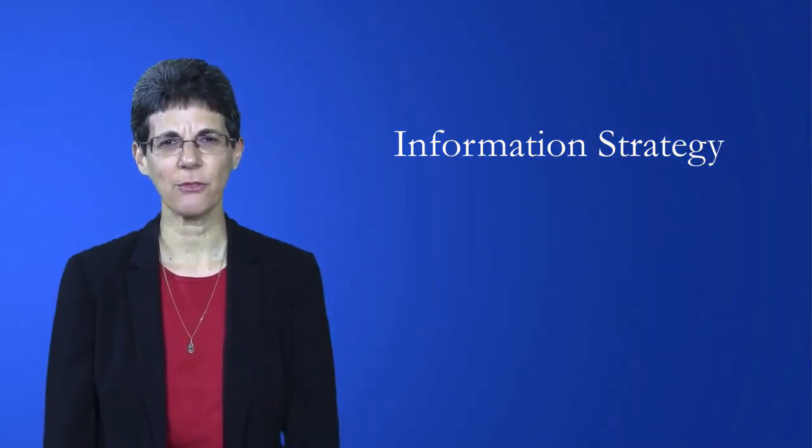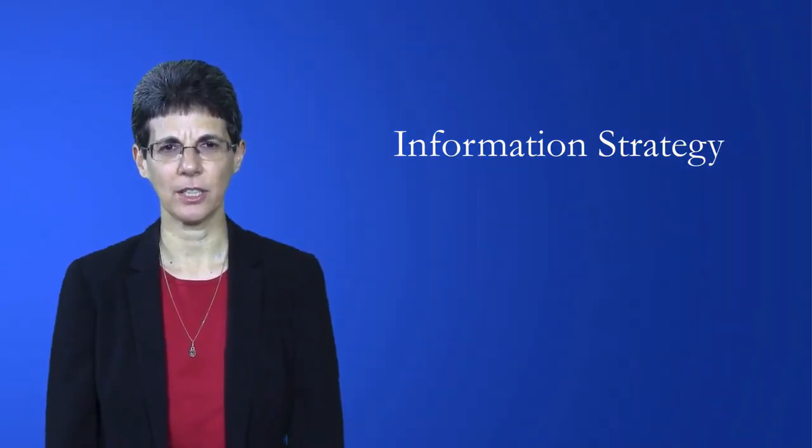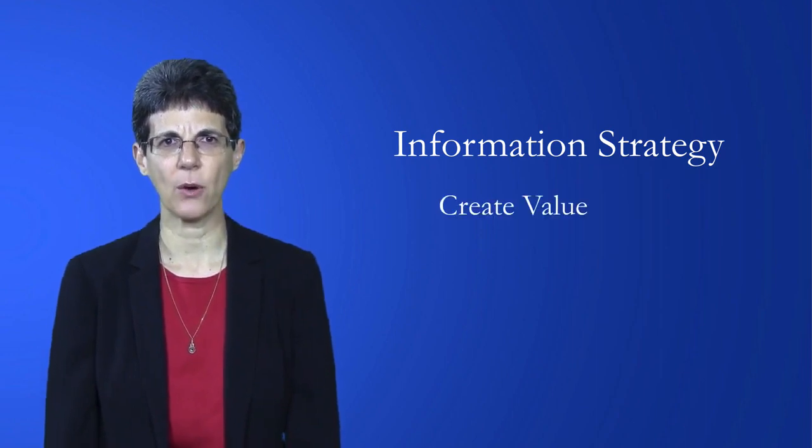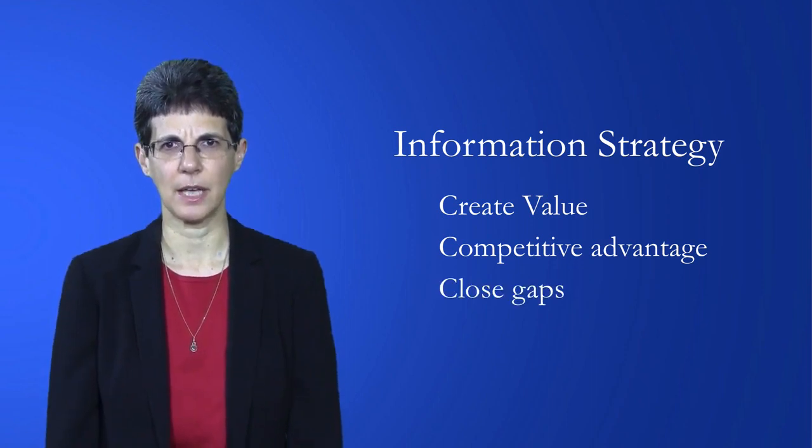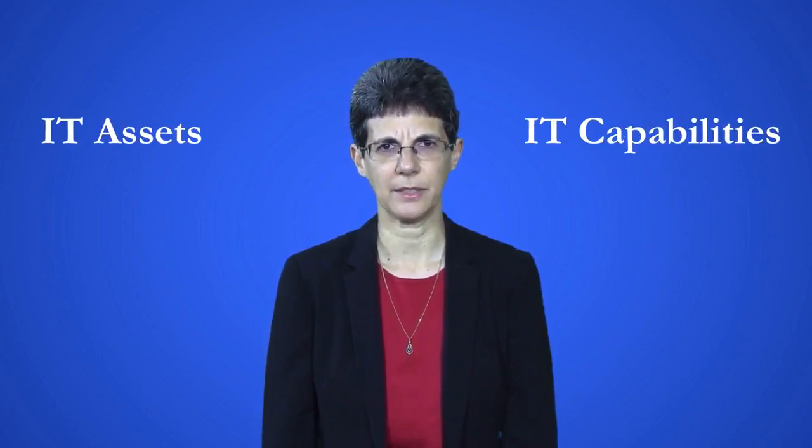When an organization devises its information strategy, it needs to have a clear vision of how information resources can create value, give a company competitive advantage, or close a necessity gap when the company falls behind competitors. To do so, the organization has to have a clear understanding of the availability and performance of its IT assets and its IT capabilities.